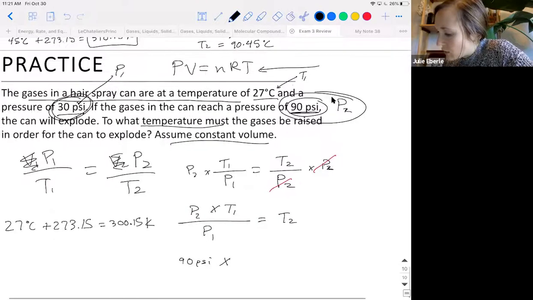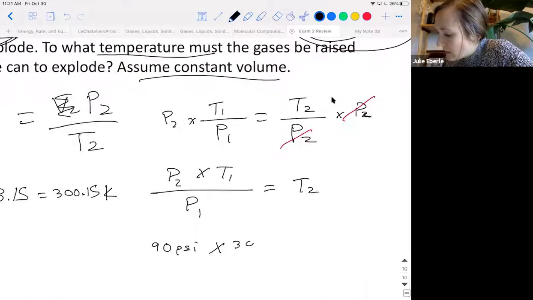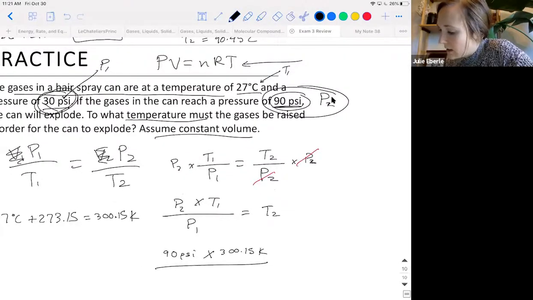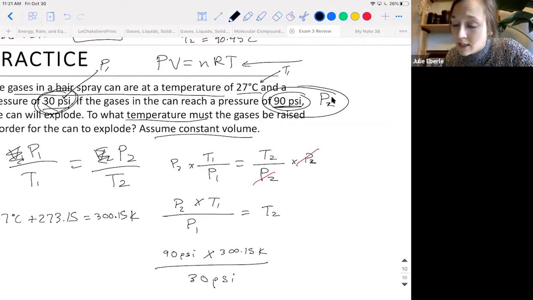So that's our initial temperature now. Divide that by the initial pressure, which was the 30 psi. And we're safe to continue because we have the same units of pressure between our final and initial pressures.